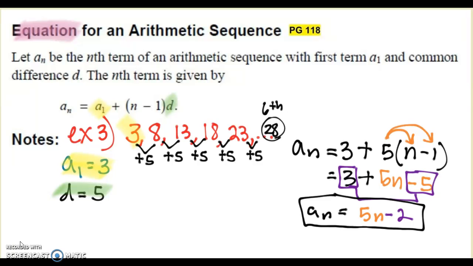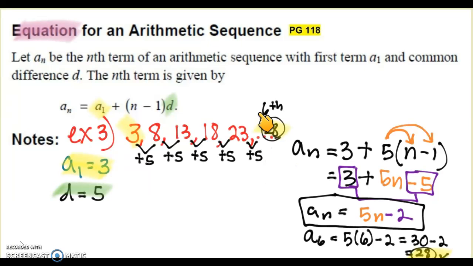But if I wanted to use my equation now down here, I can find the sixth term, so that would be a sub 6, and I know that's going to be 5 times 6 minus 2. So what's 5 times 6? Well, that's 30. And if I subtract 2 from 30, then I know I'm going to have 28. So this number that I was able to find using the equation matches the same number if I were just to continue the pattern in my arithmetic sequence.